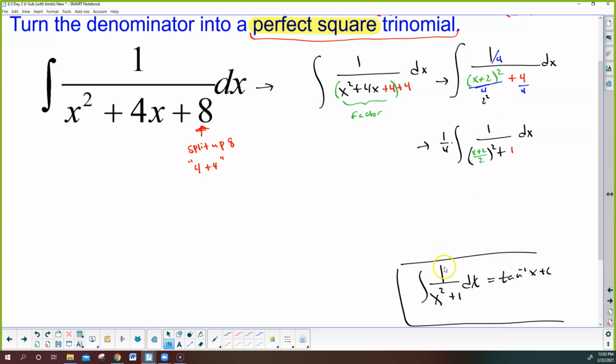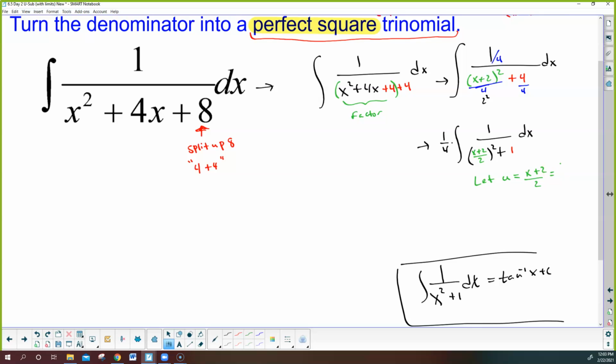I have a 1 on top, I've got a plus 1, and then all I have is a very busy value right here. So we're going to let u equal x plus 2 over 2. Remember, that's the 1/2, right?